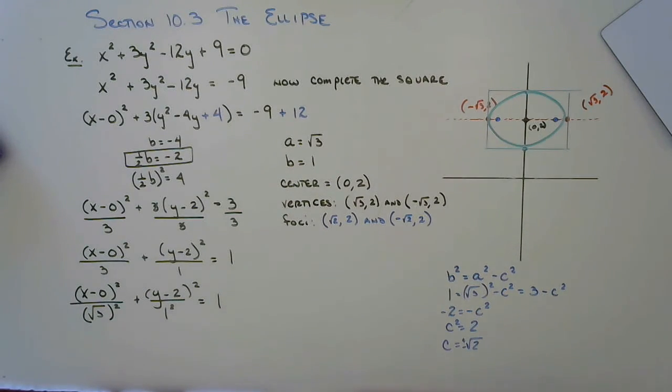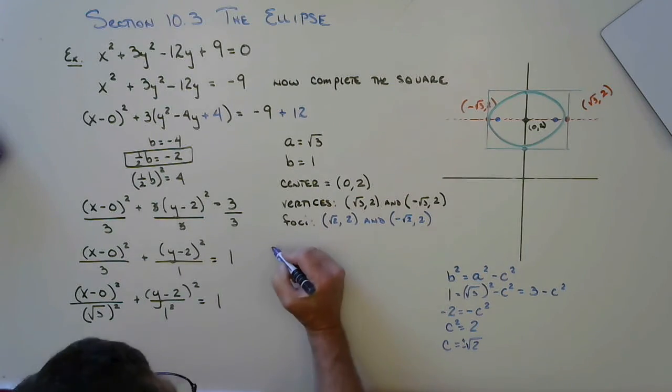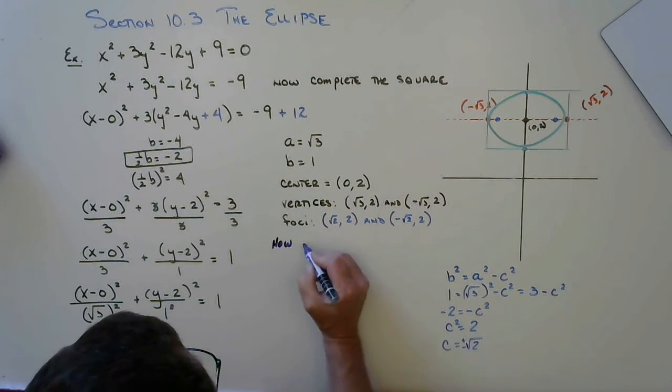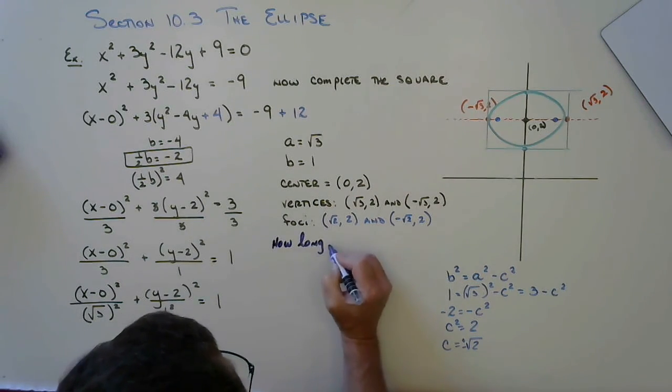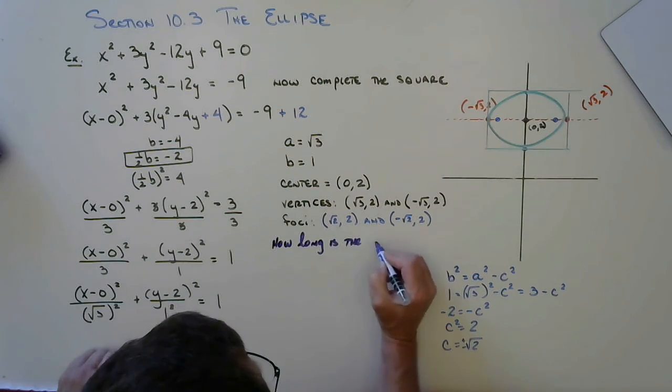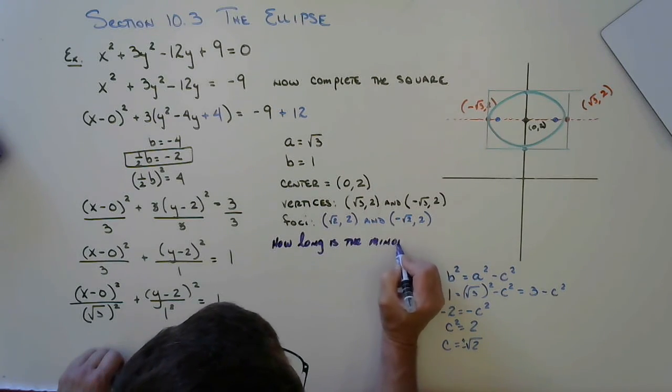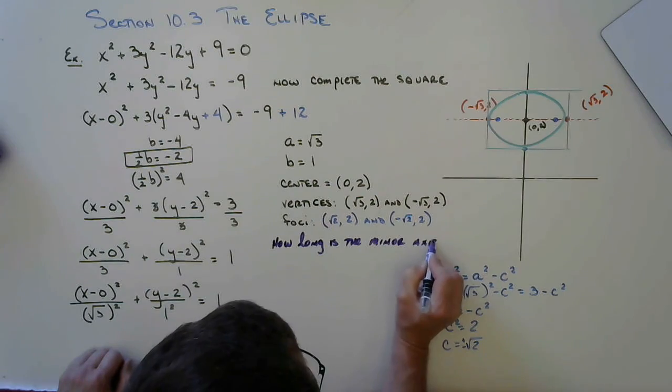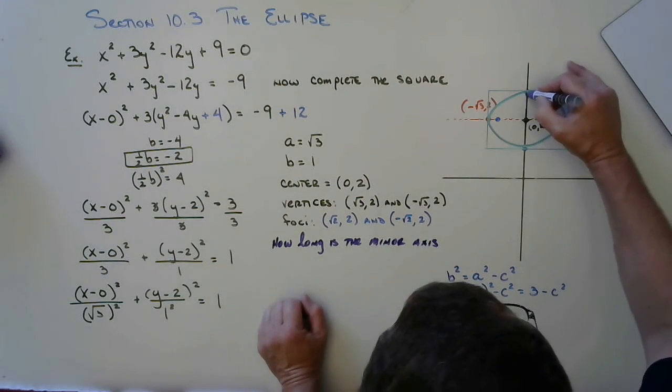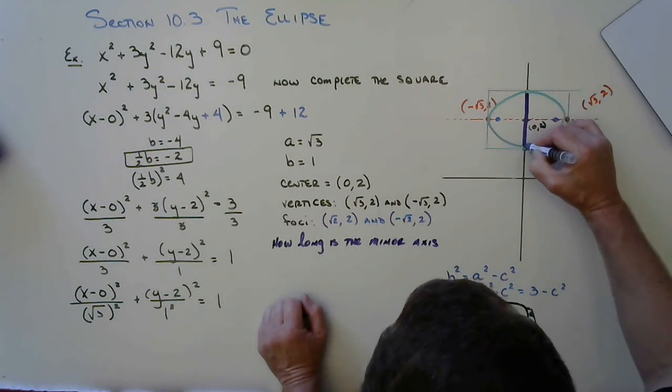And look at all the things they could ask us that we can answer because we've written down our graph. They could say, how long is the minor axis? Now remember, the minor axis is the short one. It's this one right there, right?